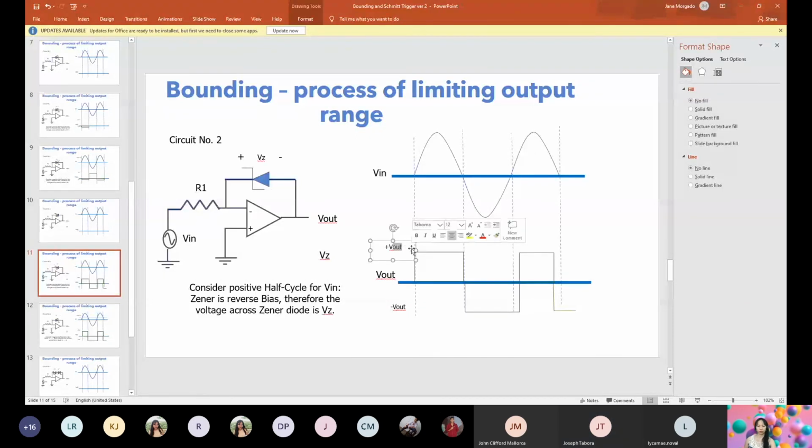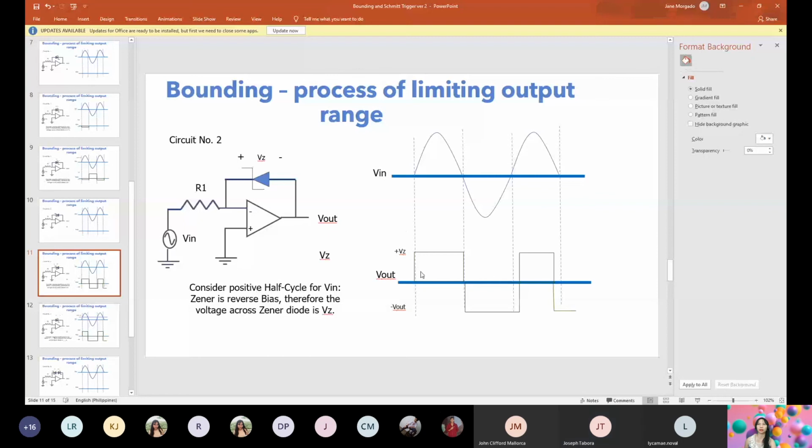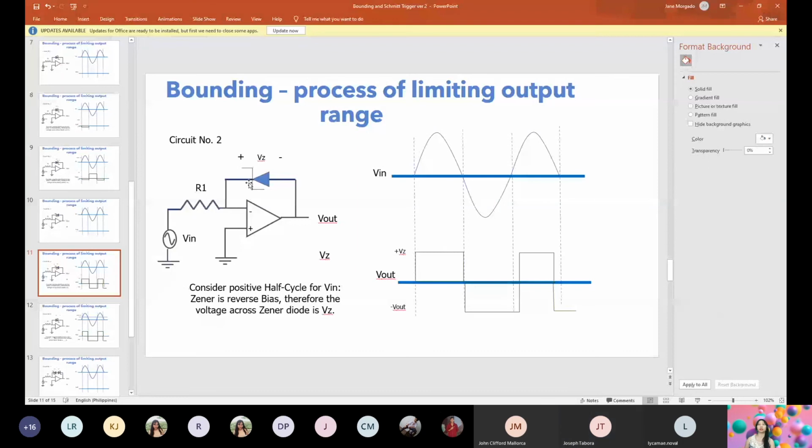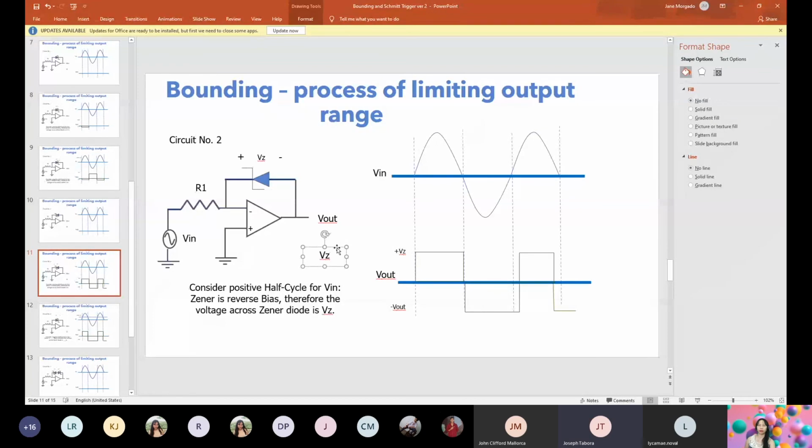The zener voltage has a rating, so let's say you want to buy 3.6 or 5. It definitely limits the output voltage to a certain level. By the way, what is the polarity of Vz here? If you're going to use your VOM and measure the output voltage across Vout, what are you going to measure?